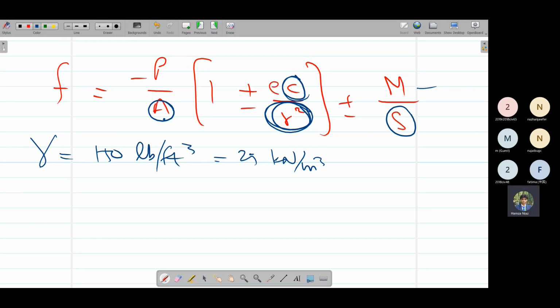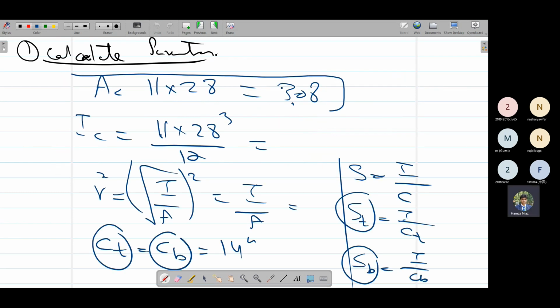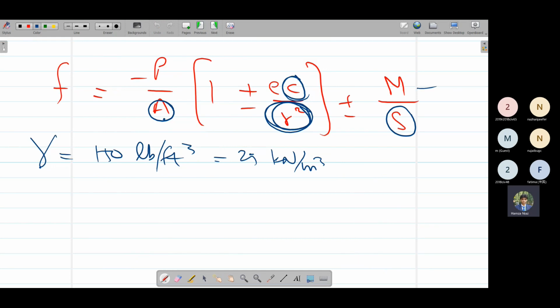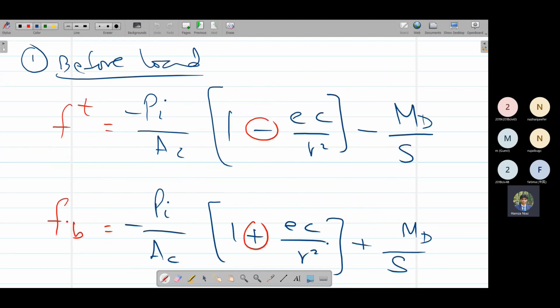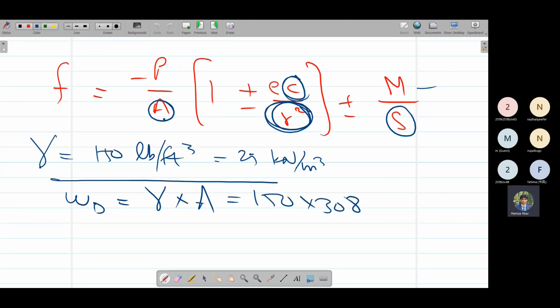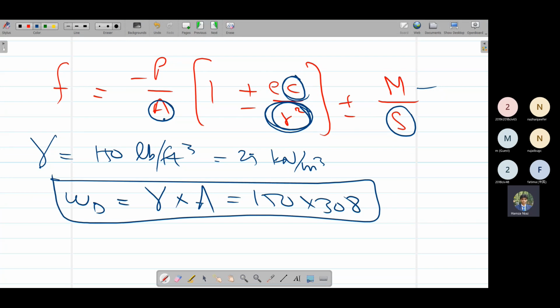If we multiply this unit weight with the area of the section, we'll get the dead UDL, gamma times area. For example, 150 times 308 will give the UDL, which is the self weight of this pre-stressed concrete. W_D is the self weight of the pre-stressed concrete.